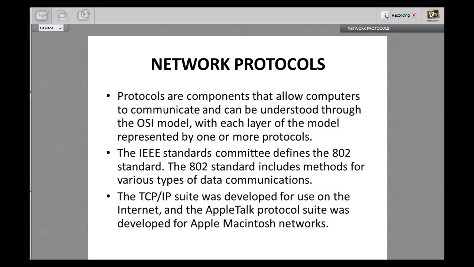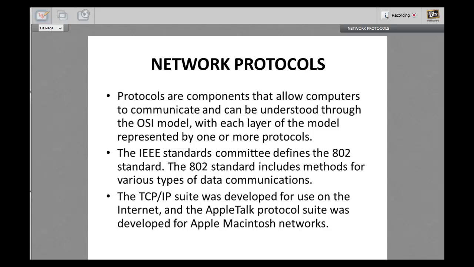So we say the IP protocol operates at the internet layer, and the FTP operates at the application layer. The layer is like a logical grouping of related protocols together.